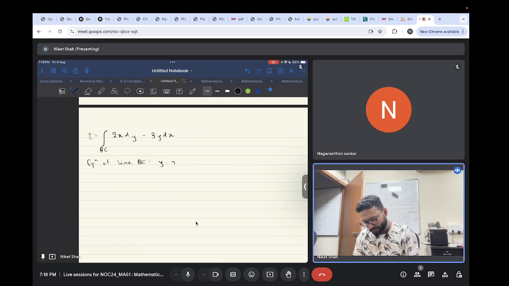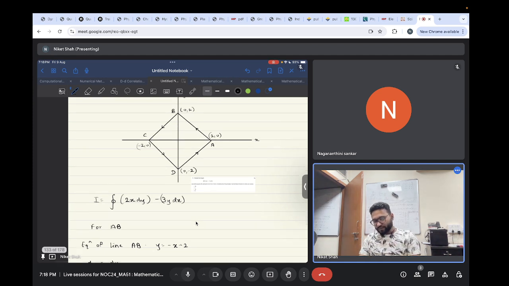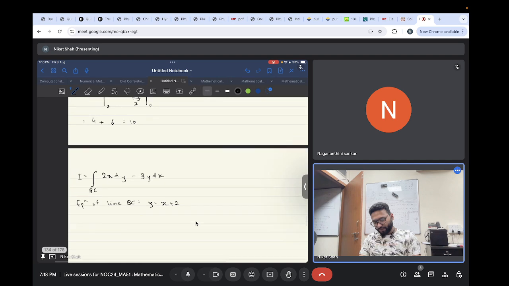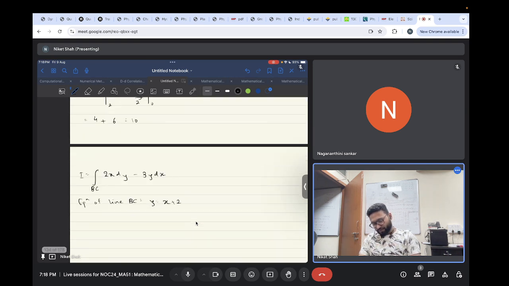M slope is 1, x plus 2, because the intercept is 2 here. So upon putting y equal to 0, I'll get x equal to minus 2, which satisfies both the points. All right, so dy becomes equal to dx, and again we can solve this integral.